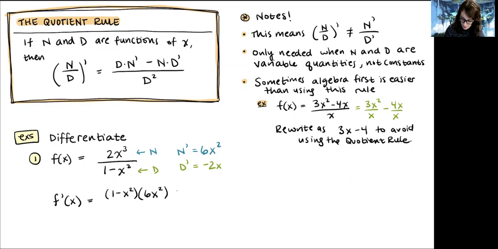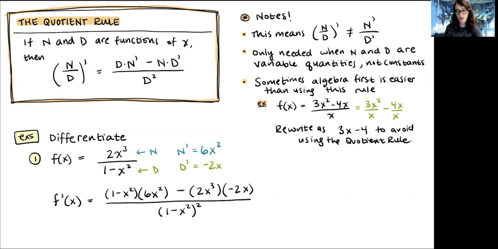Then we're going to subtract the numerator, the top, which is 2x cubed, times the derivative of the denominator, which is negative 2x. And then that all gets divided by the square of the original denominator. So 1 minus x squared, whole thing squared. So this is the end of our calculus part to this problem.